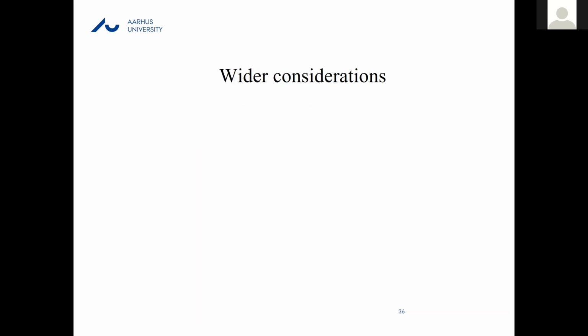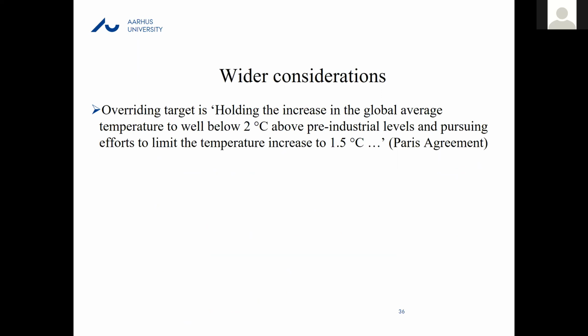Now, a few wider considerations. The overriding target is holding the increase in the global average temperature to well below 2 degrees C above pre-industrial levels and pursuing efforts to limit the temperature increase to 1.5 degrees C, as stated in the Paris Agreement. Net zero, either in terms of CO2 or CO2 equivalents, is not mentioned in the Paris Agreement.